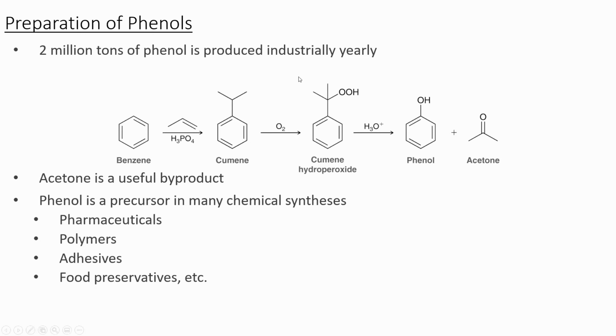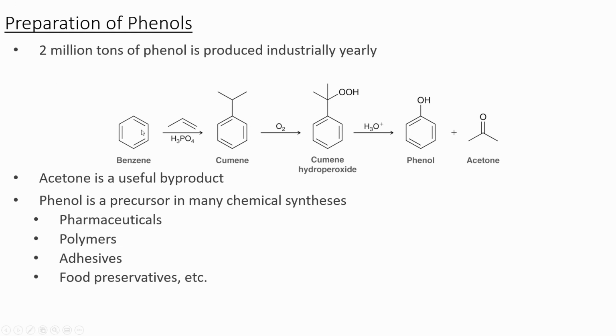So phenol is alcohol attached directly to a benzene ring, and it's a really common precursor for many different molecules that might incorporate a benzene ring, and it's an electron-rich benzene ring. We have the alcohol donating electrons into the benzene ring. So here is the industrial synthesis.